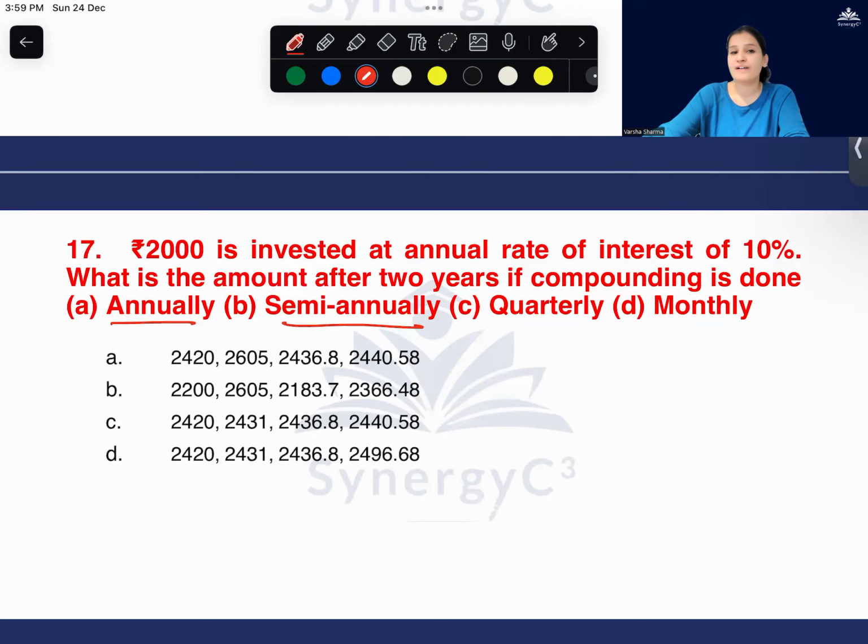So first find the annual, find the semi-annually, and see which option fits it. B and C have the same option. You have to find quarterly. D and C have first two options, three options same. It shouldn't have been. I guess it's wrong here.